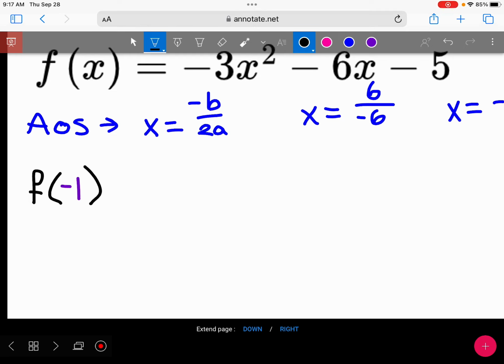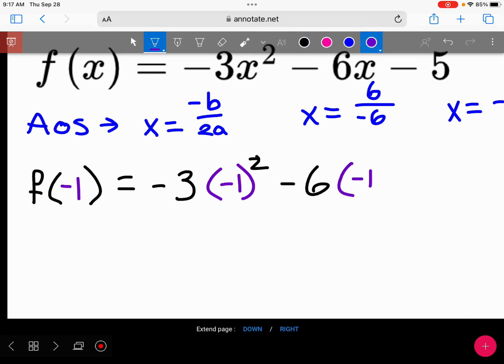So we're substituting it in. Giving us a little throwback in here with this notation because we struggled with this a little bit in the homework. Minus 3, substituting in our minus 1 in place of the x. Minus 6, substituting this in place of the x. Minus 5. Minus 1 squared is what? 1. So we have minus 3 times 1, which is minus 3.